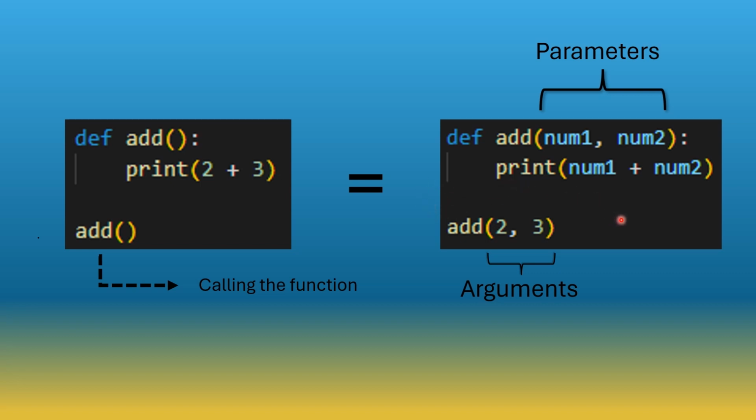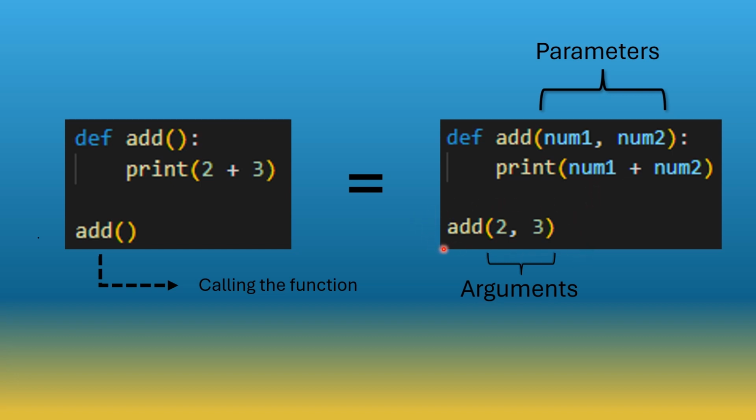We're going to have two sort of variables that we will use in our function, num1 and num2. And we're going to add the first number plus the second number. But we don't know which number it is. But we're going to assign it once we call it.